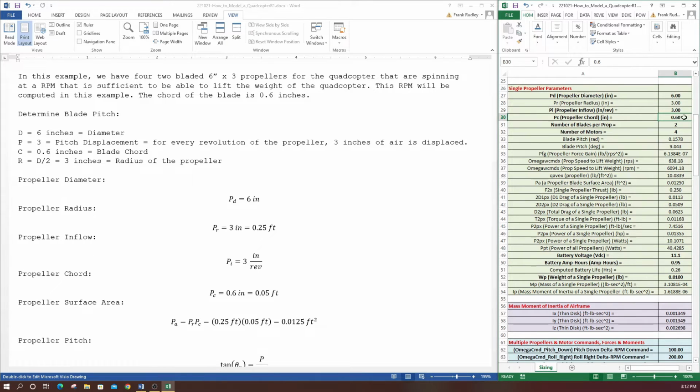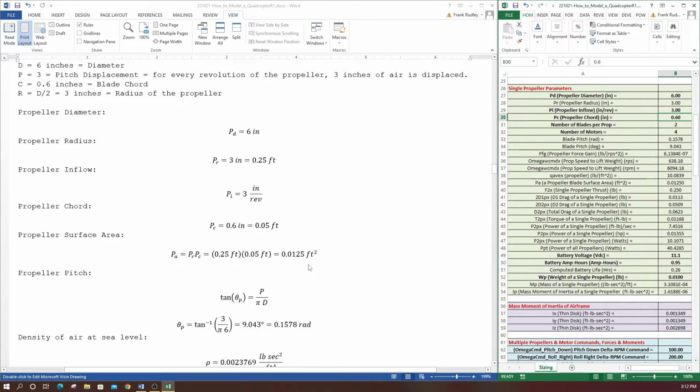Okay, so the surface area of our propeller: our chord is 0.05 feet, and our radius, per blade, our surface area would be 0.25 times 0.05, which is 0.0125 square feet.